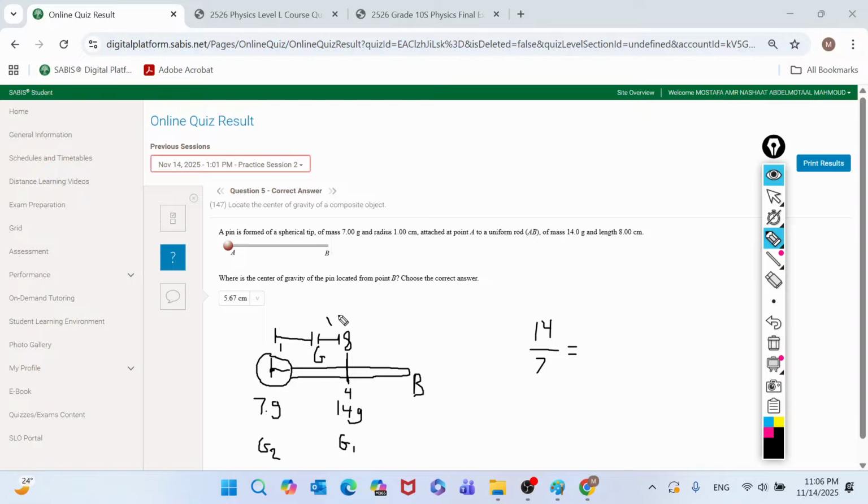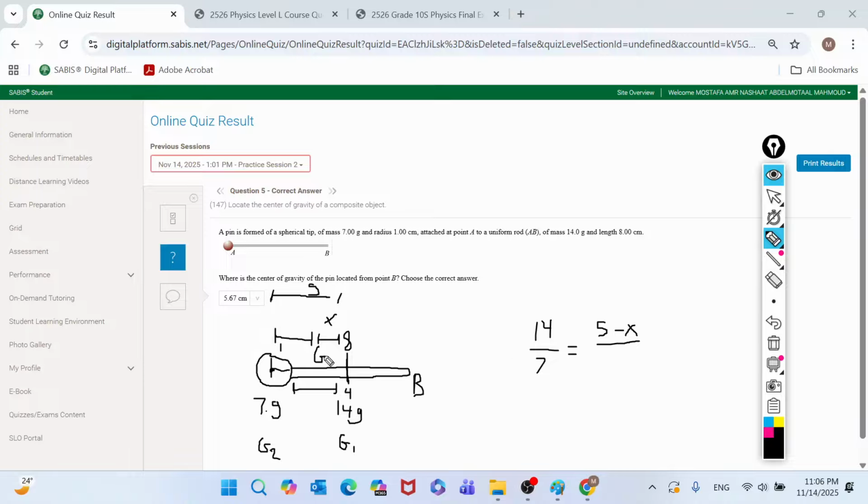So GG2, this distance, is 5 minus x. Why is it 5? Because 4, half of the rod, plus 1, the radius of the tip.